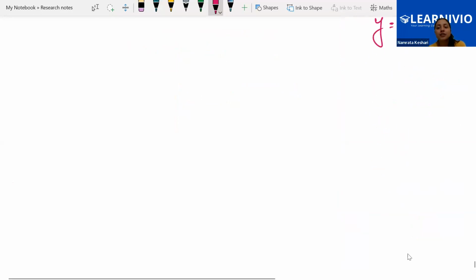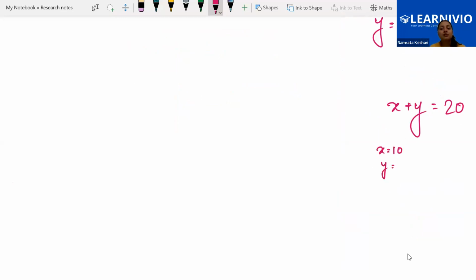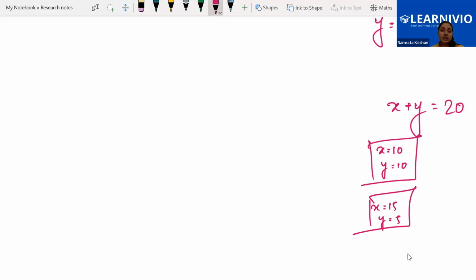Recall that when you learned linear equation in two variables, let's say x plus y is equal to 20, here infinite solutions are there. Why? Because x equals 10, y equals 10 will satisfy this equation. What else? x equals 15, y equals 5 will satisfy this equation.